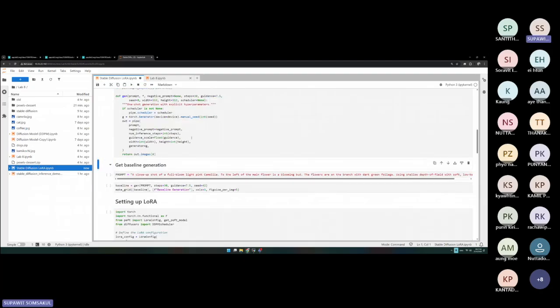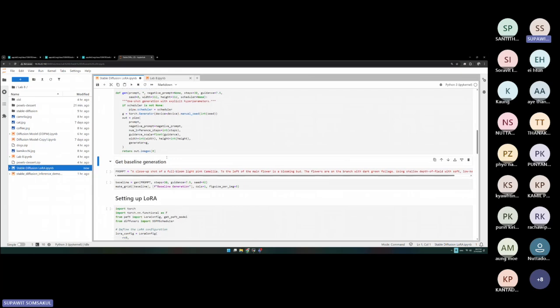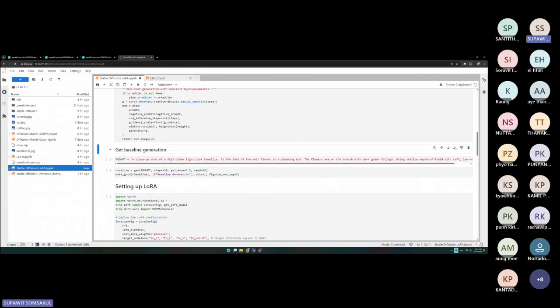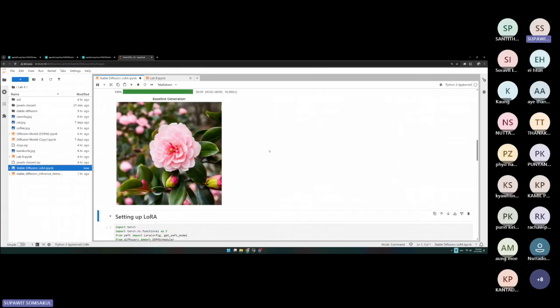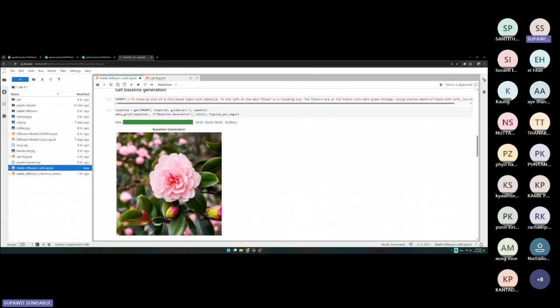And let's get some baseline image generation. For this one, I want it to generate an image of a camellia flower. And it is this one. So it looked quite nice, but it missed some information that I gave in the prompt.